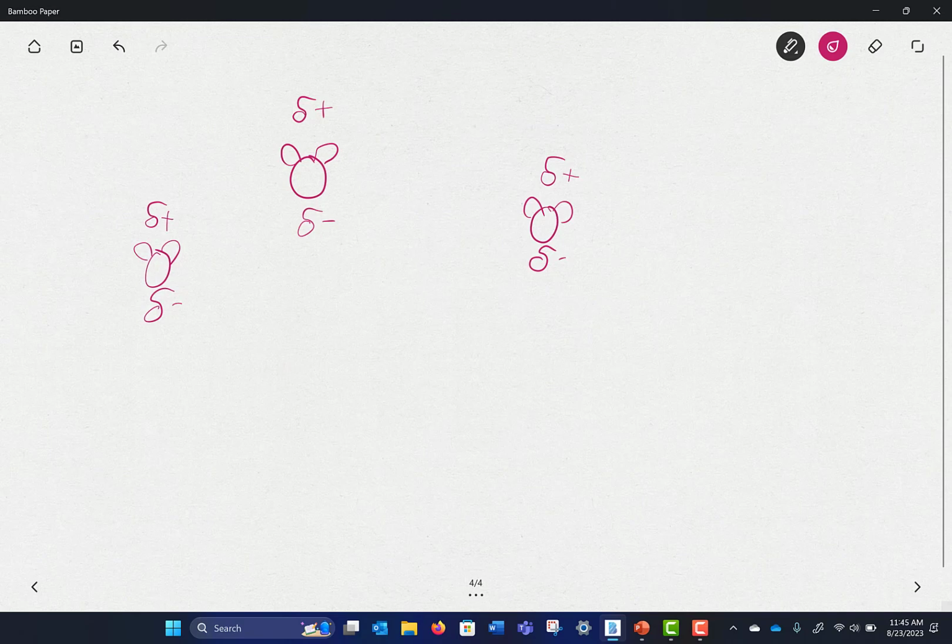Now, when water molecules get close to each other, the positive regions and the negative regions are attracted to each other, again, kind of like magnets. So there is a little bit of a bond that forms between the positive side of one water molecule and the negative side of a nearby water molecule.